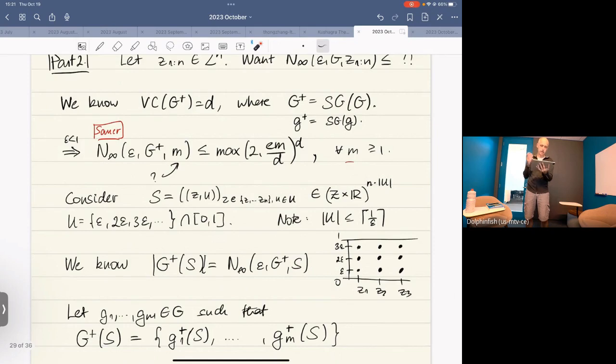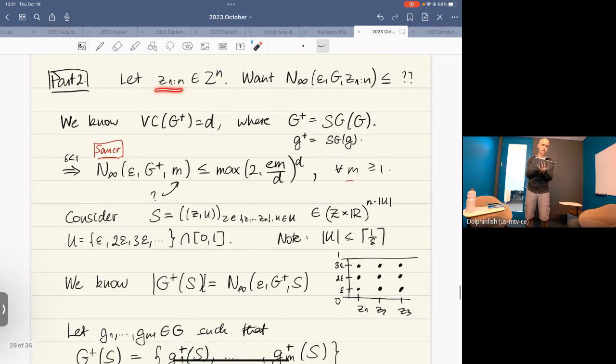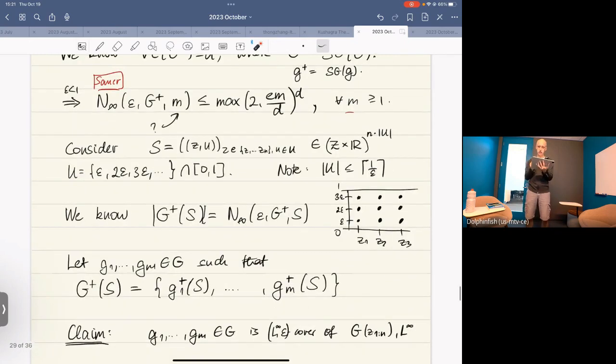So now, questions. What is this m? What are we covering? What are we doing? You fixed these points Z1 to Zn in the domain. This is my domain, and let's say I have 3 points. All the functions have their range in the 0, 1 interval.